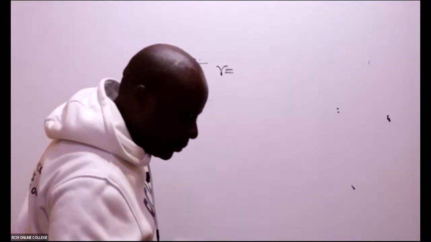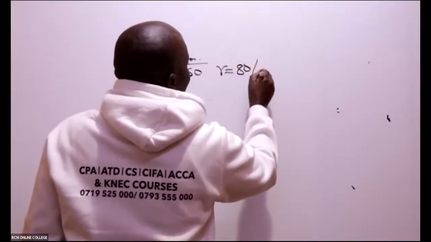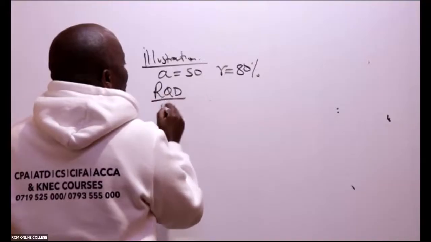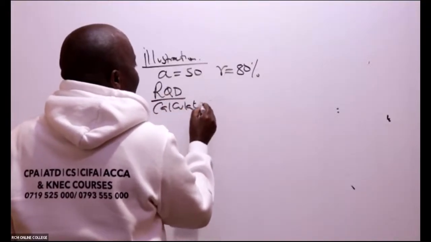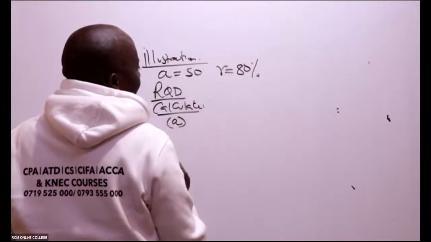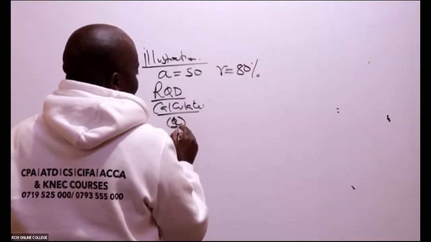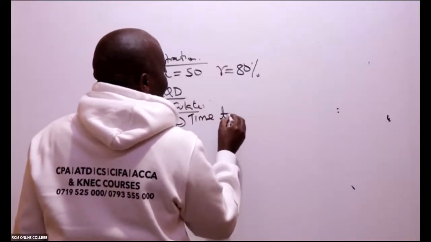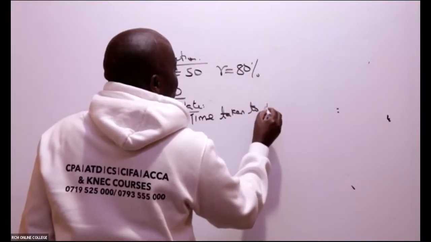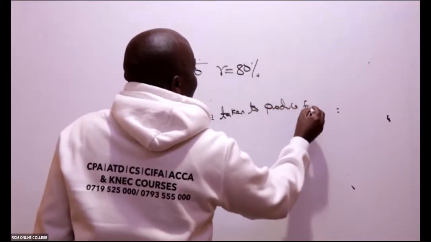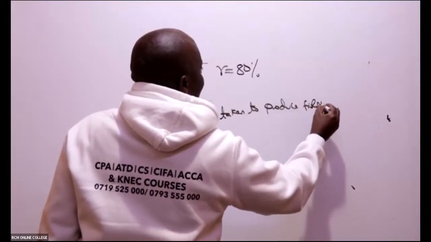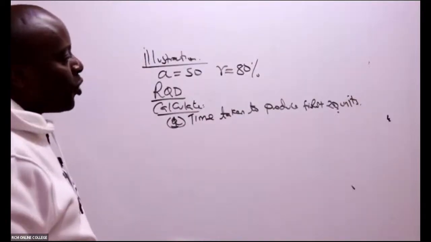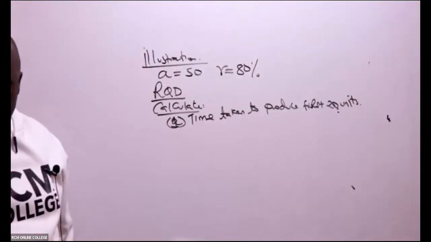So this is R. Then we are required to calculate number 1, the time taken to produce the first 20 units.